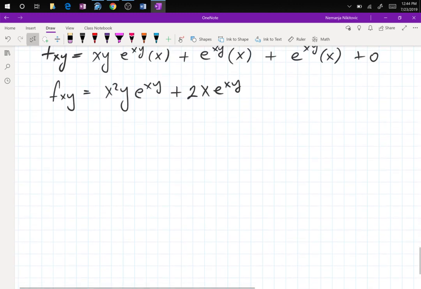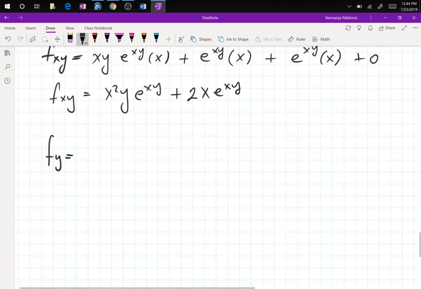So we are starting with fy now, and I want to find fyx. So try this on your own. You have the derivative in y already. You just need the x. So try this exercise, and we're going to conclude something cool.